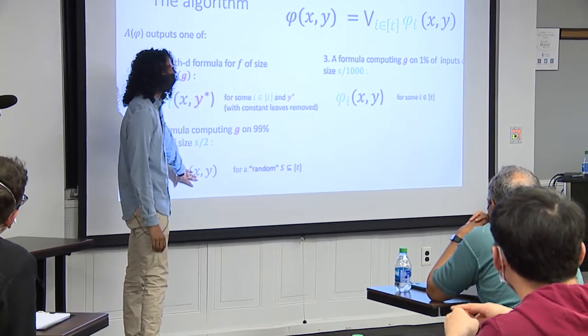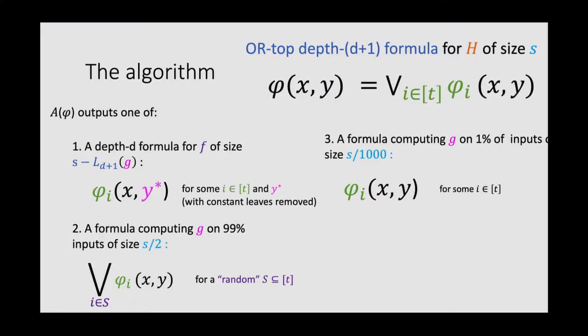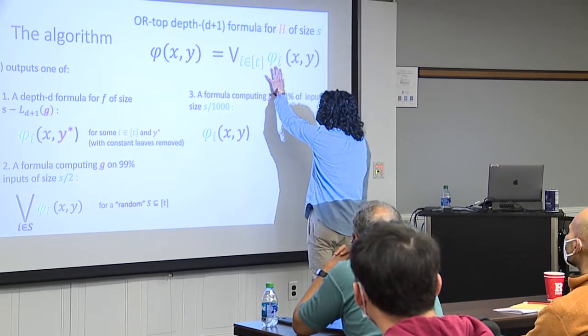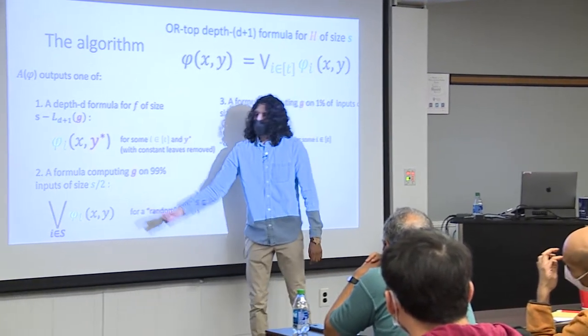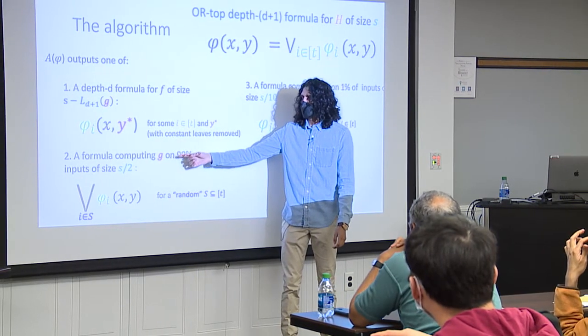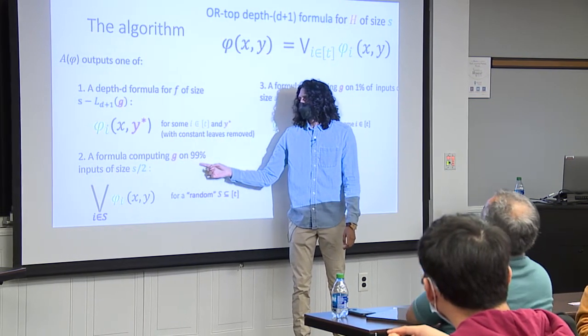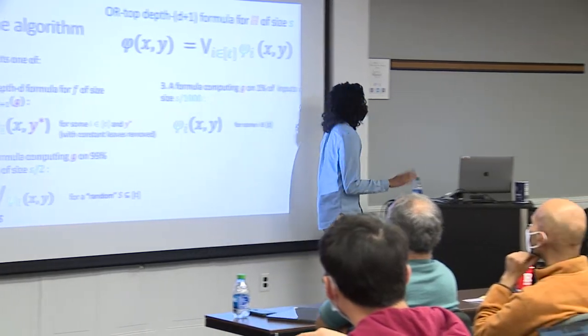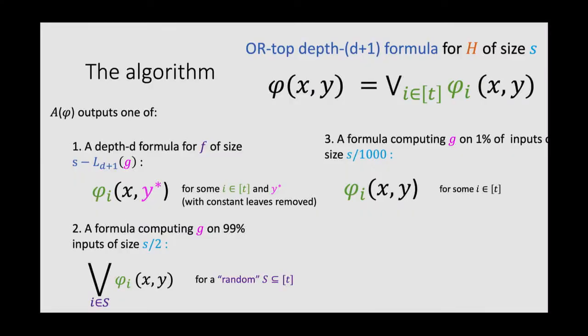The coolest case is you pick some random subset, basically half of the phi's at random. You OR them together, and that, at least in one of the cases, is going to compute g most of the time. I just want to give you a flavor of what this algorithm is doing. Somehow it's looking at the subformulas and doing something with them.